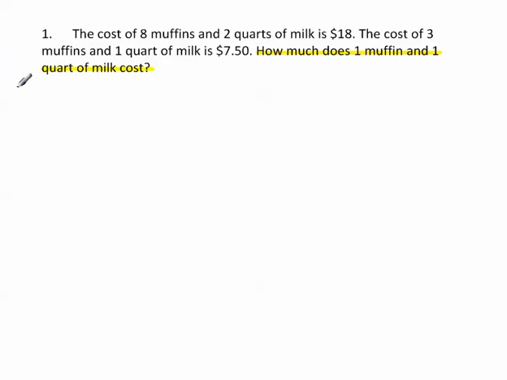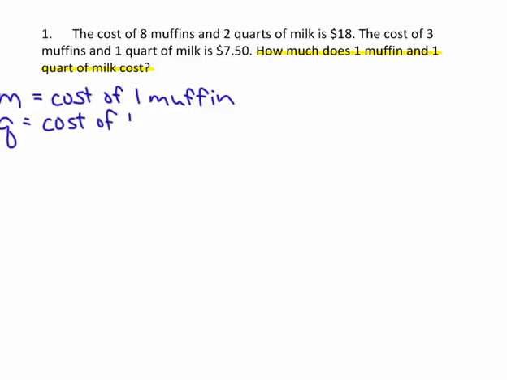So for this problem, I'm going to use M to represent the cost of 1 muffin, and I will use Q to represent the cost of a quart of milk. Remember to write your variables down and to identify them so that as you're going through your work, if you start to feel confused, you can go back and reread the information that you've written for yourself.